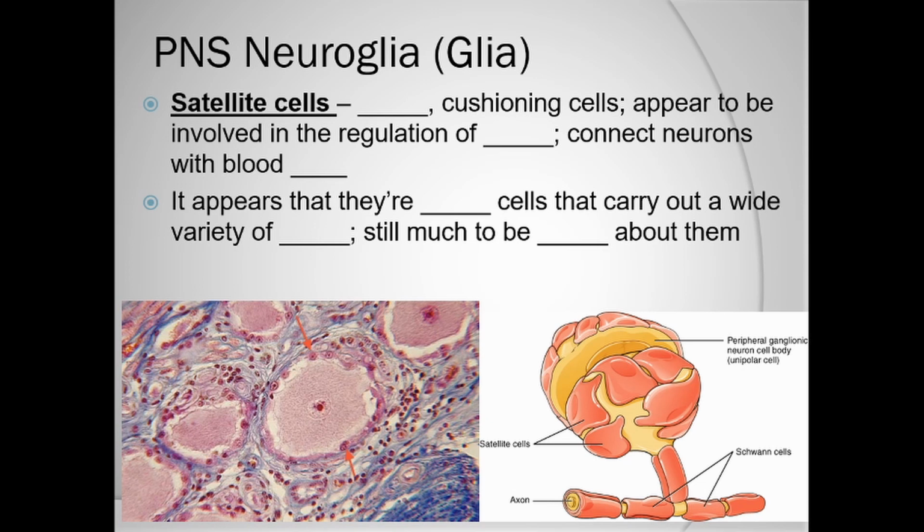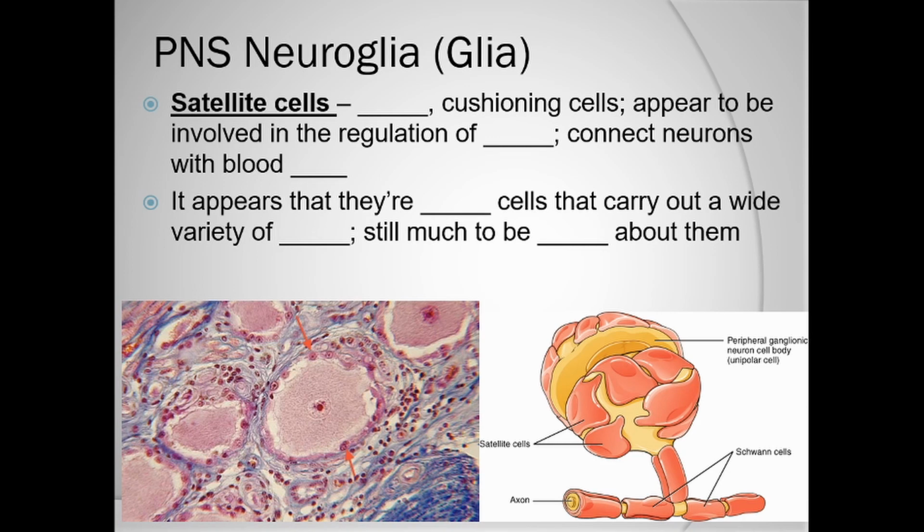You can see in the picture how they wrap themselves around the neuron cell body. The satellite cells are labeled there, surrounding them, and you can see the Schwann cells wrapping themselves around the axon. So these are the two of the PNS, the Schwann cell and the satellite cell.